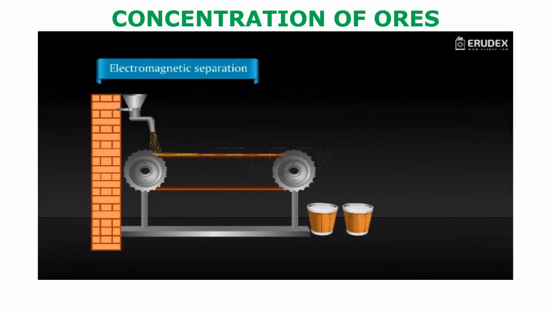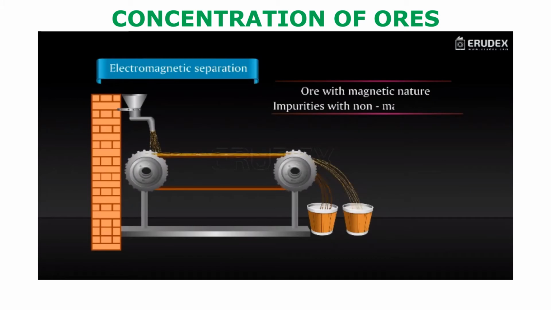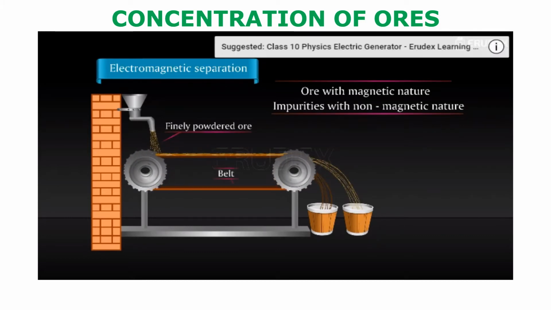Electromagnetic separation. This method is used to concentrate the ore with magnetic nature and impurities are non-magnetic, or vice versa. The powdered ore is dropped over the belt on the side of the non-magnetic roller.